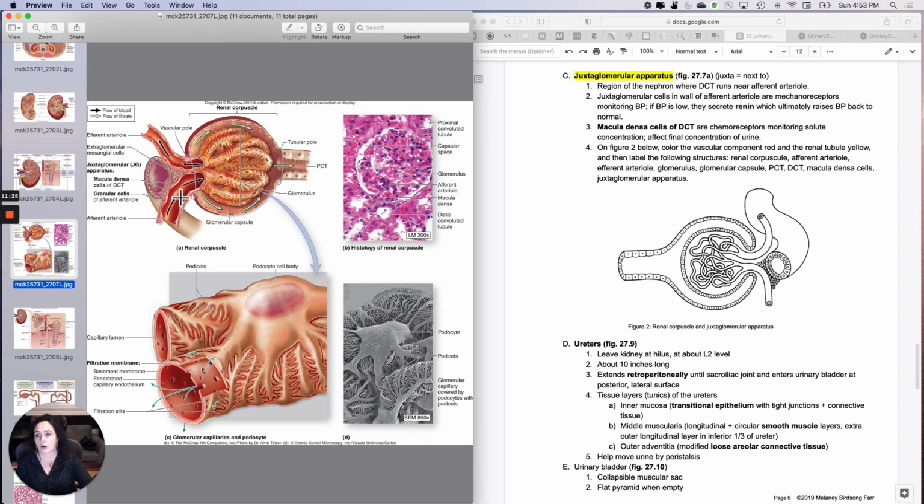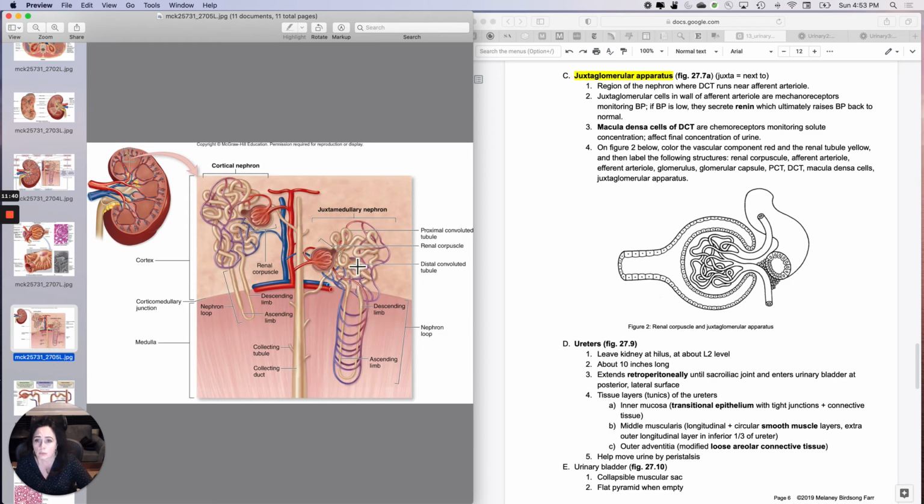And then there are cells in the wall of the distal convoluted tubule, and these are not pressure receptors, they're chemoreceptors. They monitor the chemical content of the urine because you're almost done with it when you're in the distal convoluted tubule. Remember, the distal convoluted tubule is almost about to dump into the collecting duct, and then you can't do anything to it anymore.